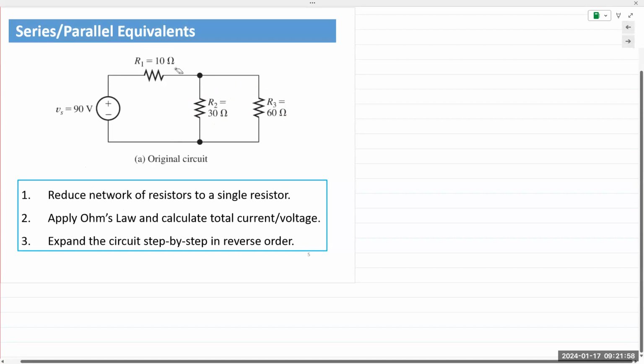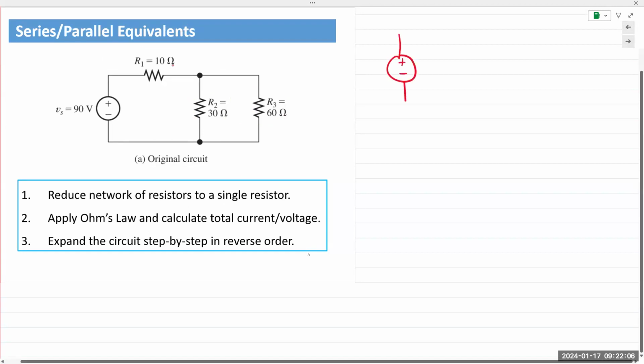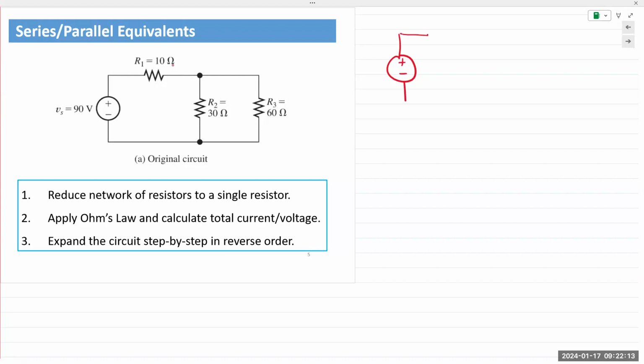R2 in parallel with R3. So as a first step, I'm going to redraw the circuit like this. Now take out your calculators and do this calculation with me. What is the parallel combination of R2 and R3?